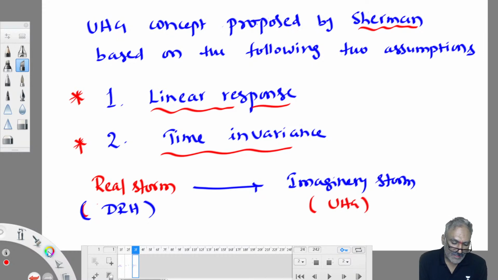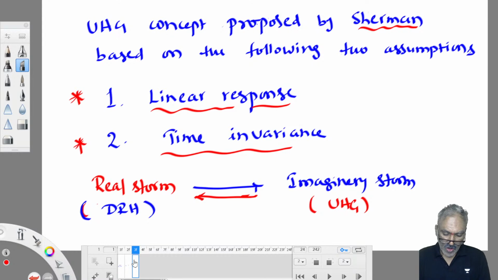So we travel from reality to imagination, imagination to reality. When the unit hydrograph is given, we can derive the direct runoff hydrograph. When the direct runoff hydrograph is given, we can derive the unit hydrograph. So real storms are represented by the direct runoff hydrograph, and the unit hydrograph represents an imaginary storm producing a runoff of 1 centimeter.